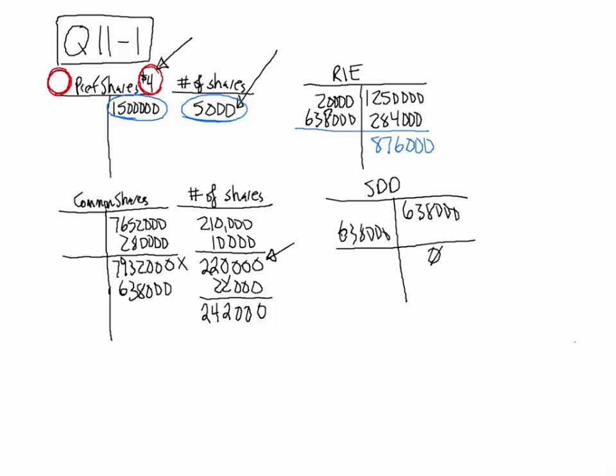Okay, good. And then the common shares, 7652 plus, okay. I have 8570123. Did anybody else get that?